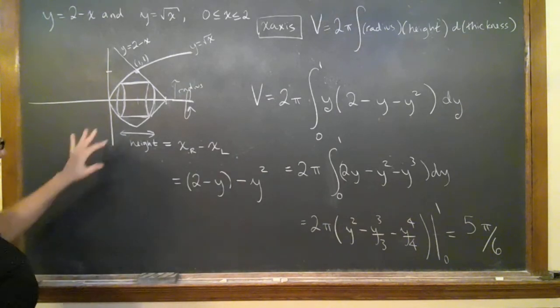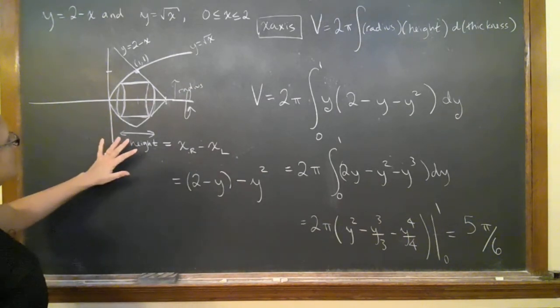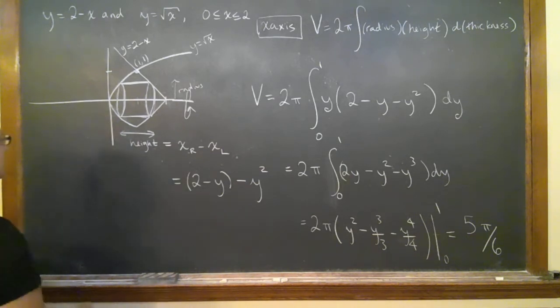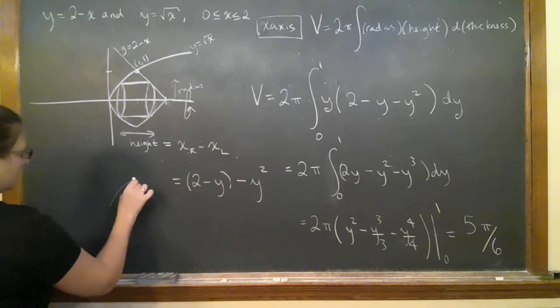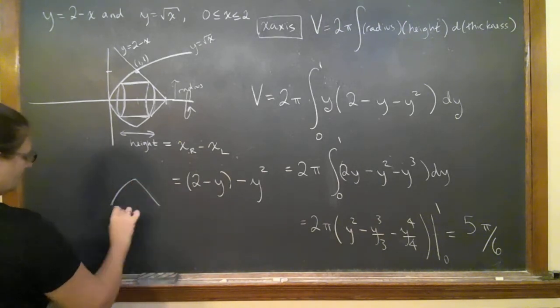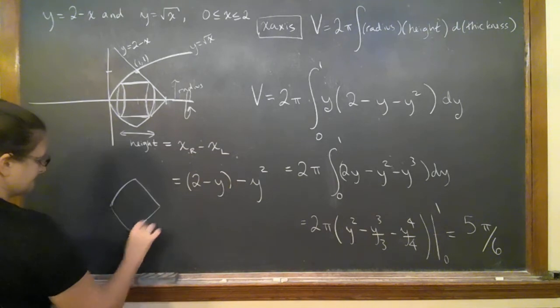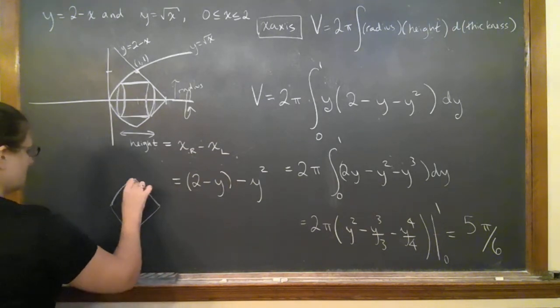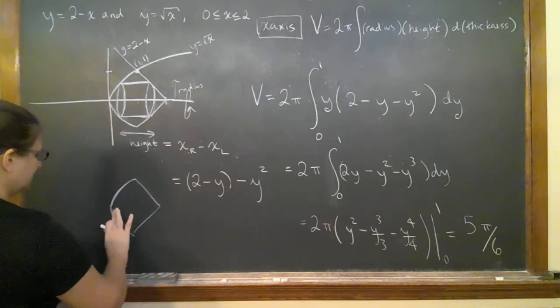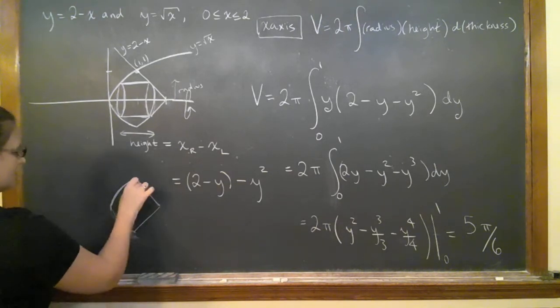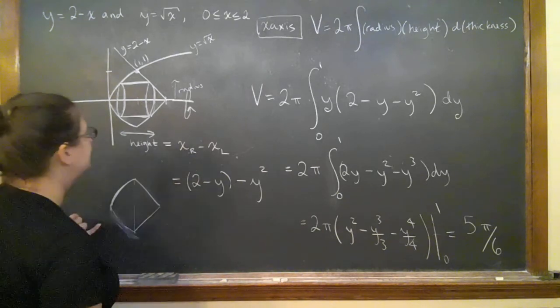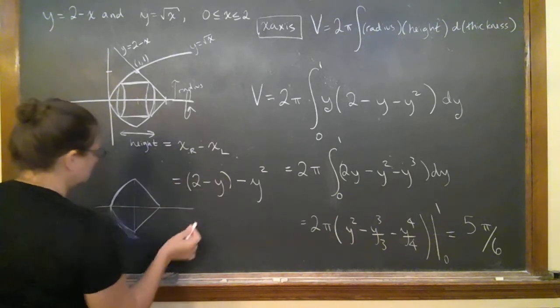If I wanted to do this with washers instead, in fact, they would be discs, right? Because it's solid, with my solid top, something like this. So for my discs, though, I would have to break this up into two different integrals, right?